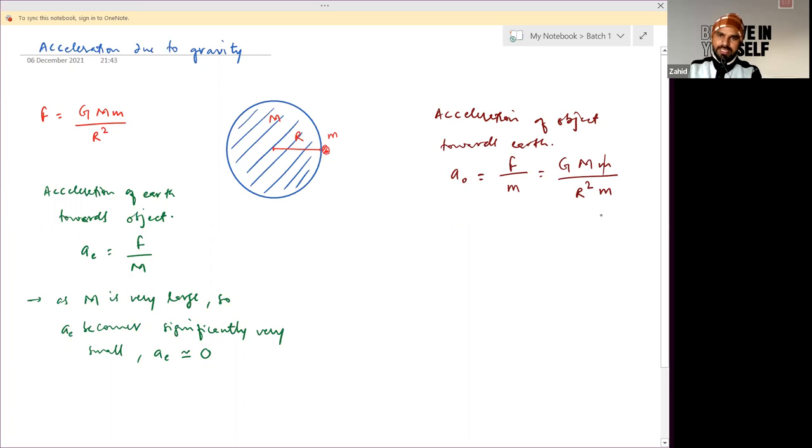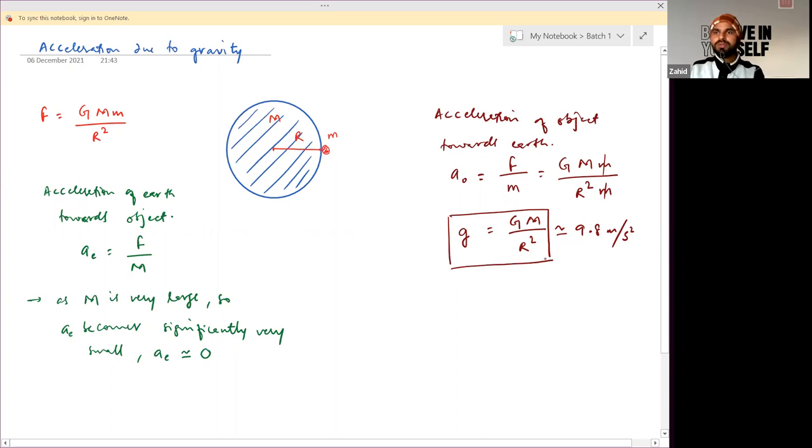This m and this m will cancel out. So you'll get G M by r squared. On putting all the values, you will get 9.8 meters per second square. This acceleration is also called acceleration due to gravity. The acceleration with which all objects will be attracted towards center of Earth is called acceleration due to gravity.